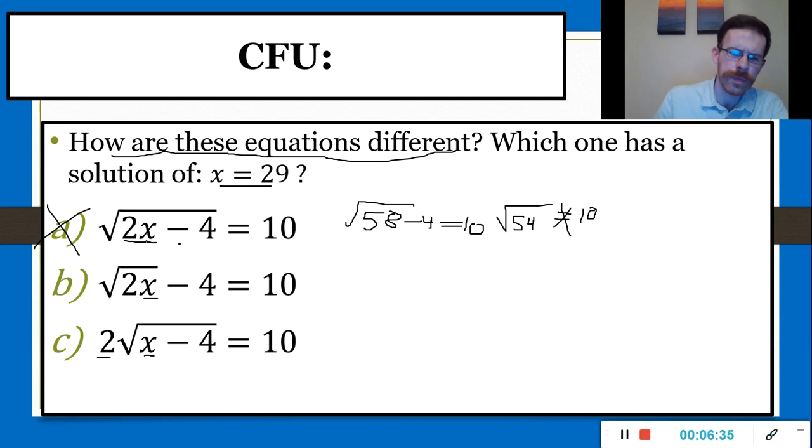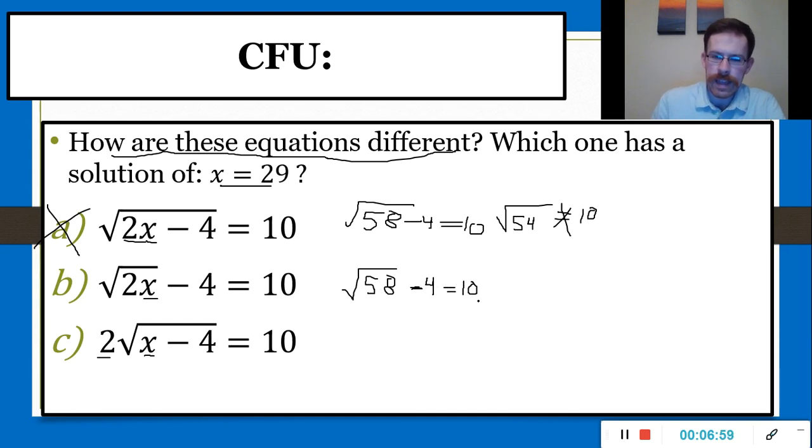So I know it's not A. Let's try the second one. We'd start the same way, and we know that the square root of 58 minus 4, that is a minus sign, is equal to 10. Well, the square root of 58 doesn't give me a whole number, and we could break it down other ways, but this is a whole number, and if you aren't going to get a whole number minus something, minusing 4 isn't going to suddenly make it a whole number, so it's definitely not this.